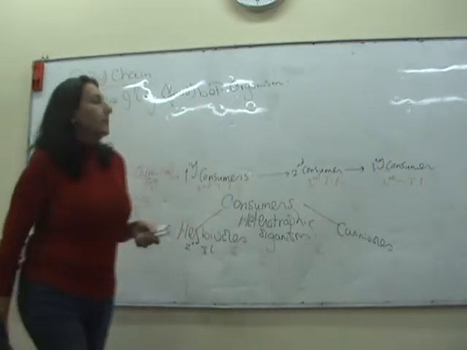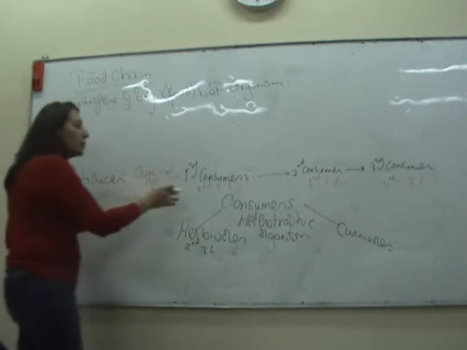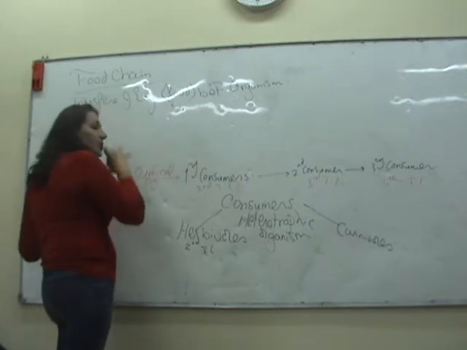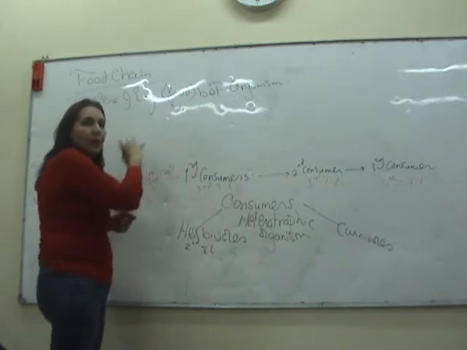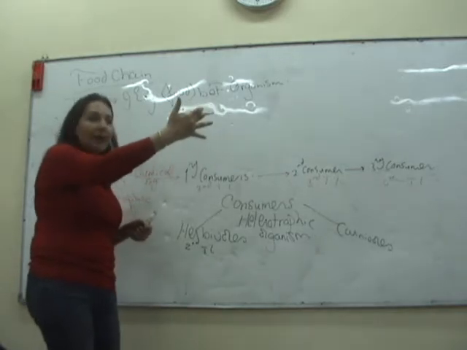Okay? Right. When the producers absorb the light energy and convert it into chemical energy, not all the energy absorbed is going to pass to the primary consumer. So not all the energy found in one trophic level passes to the second trophic level or to the third trophic level.